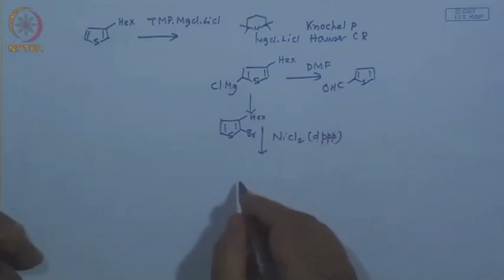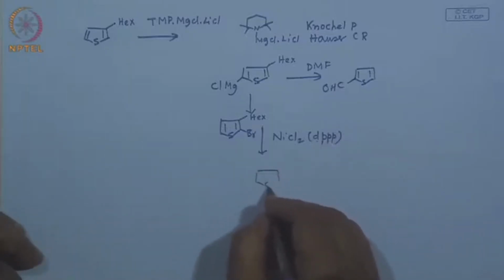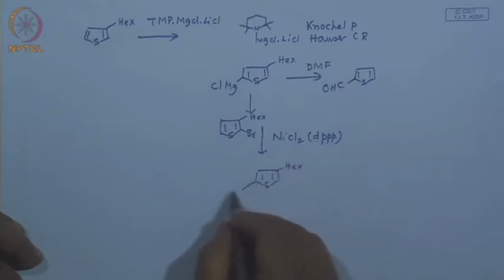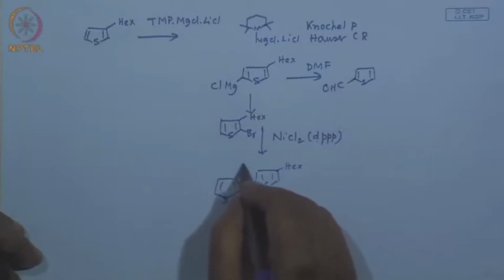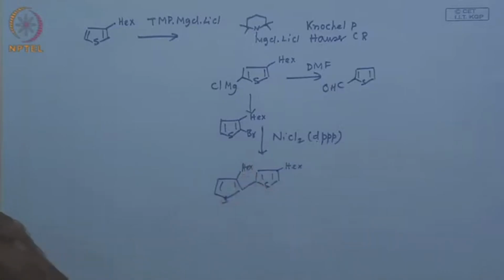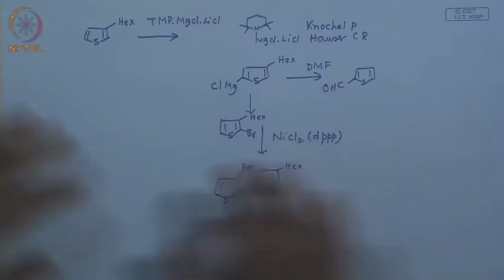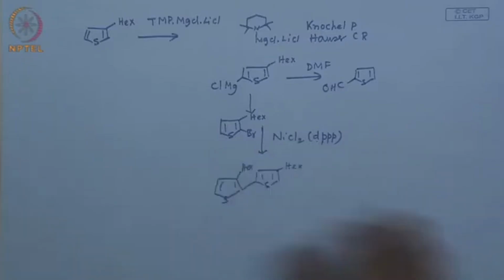Okay. So, what is the result? The result is hexyl, and of course, then this. Then that means you get an advanced monomer, and then that can be polymerized, okay.